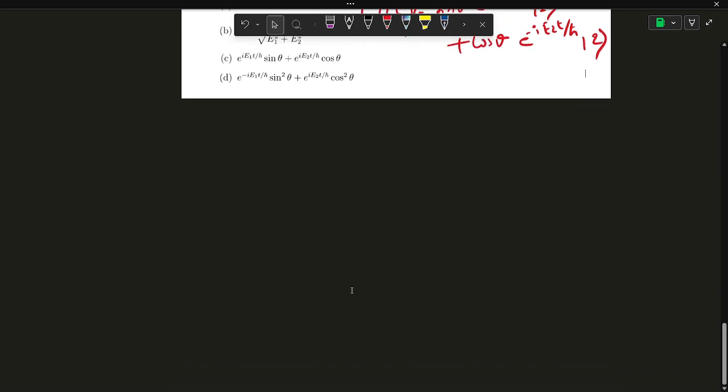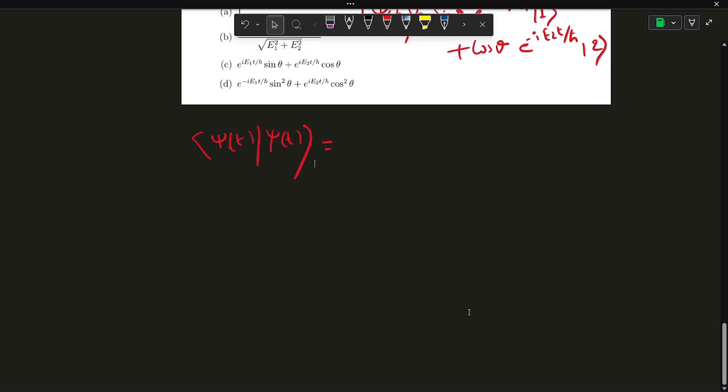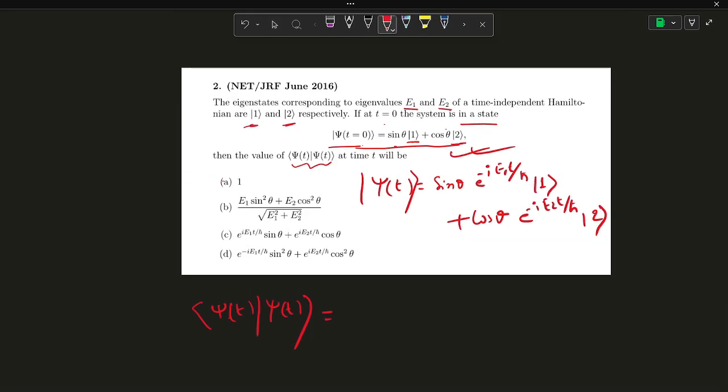Again taking the scalar product, what is it going to be?